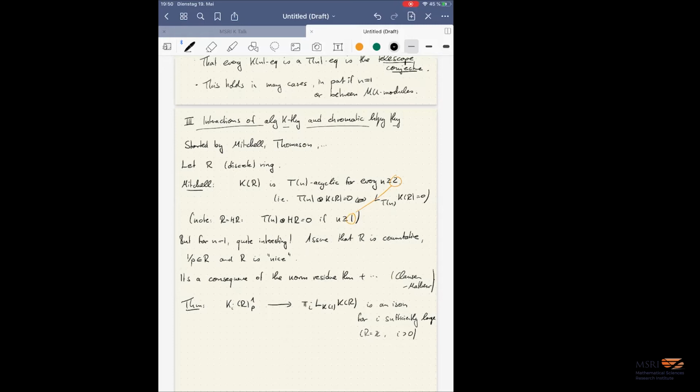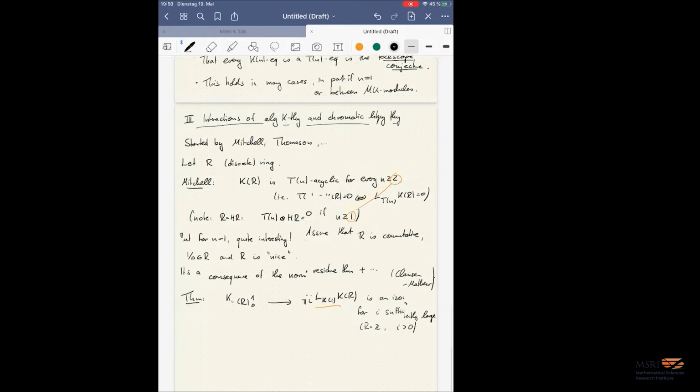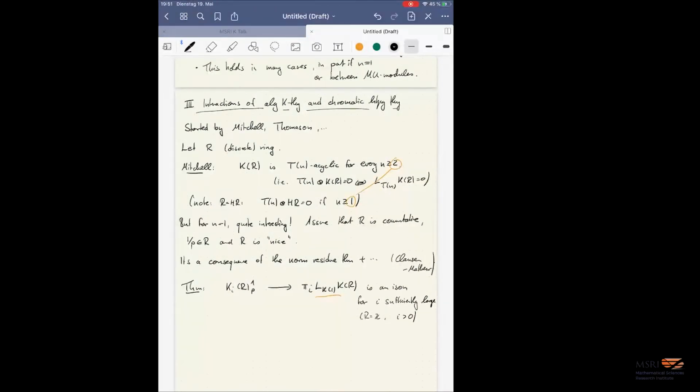This is done in several steps, which maybe I should not say much about here, but essentially you relate the right-hand side to what's called étale K-theory, so the étale sheafification of K-theory. Then in the second step, you can relate the étale sheafification to K-theory itself using that étale cohomology and motivic cohomology are isomorphic in a range, which is the norm residue theorem. It's a very deep theorem. But this certainly says that K(1)-local K-theory is a very interesting gadget.